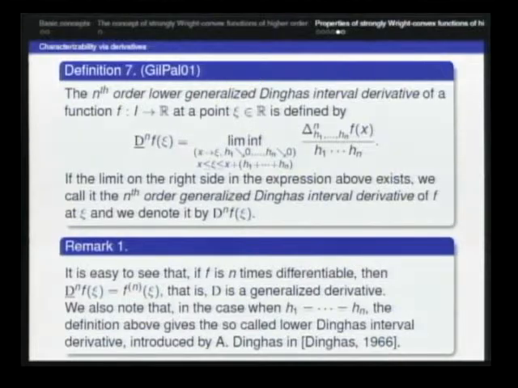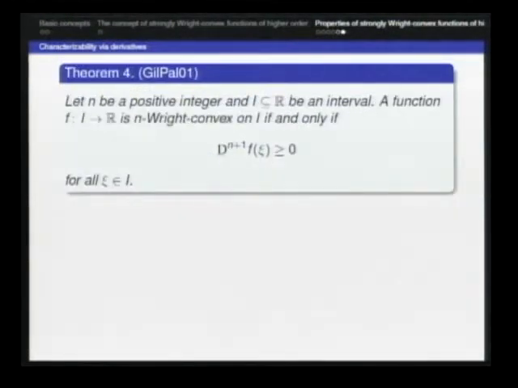And as I mentioned already, this derivative is also a generalization of the so-called Dinghas interval derivative, which was introduced in 1966. So let's consider then a result related to this derivative. It is an earlier result from a joint work with Zsolt Páles.